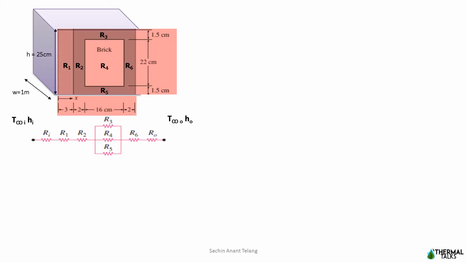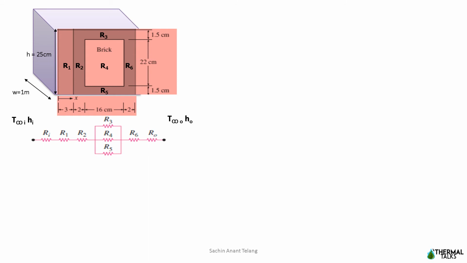As we have already understood the composite wall parallel analogy, now I have a composite wall here, wherein initially there is R1 foam, R2 is plaster. Now I have a plaster, brick, plaster sandwich, and I have R6 again plaster. So I can write the resistances in this way. Ri is convective resistance from inside fluid to the inside surface of the foam.